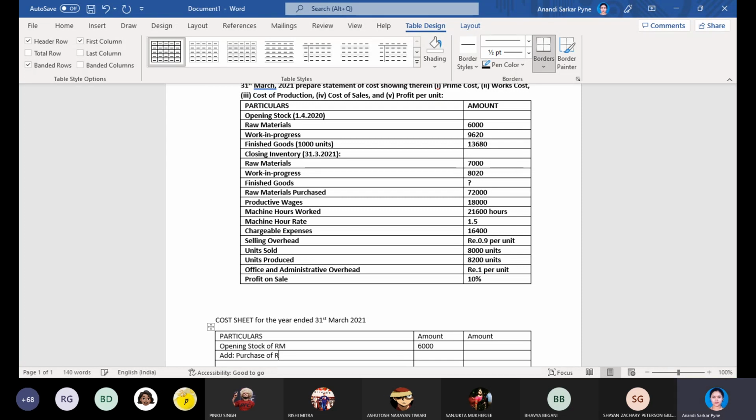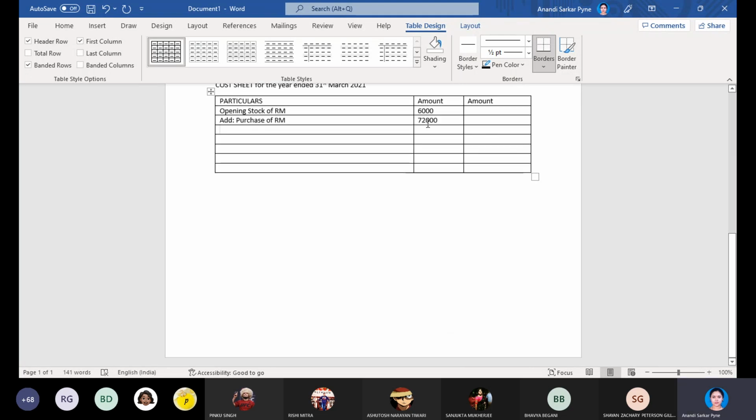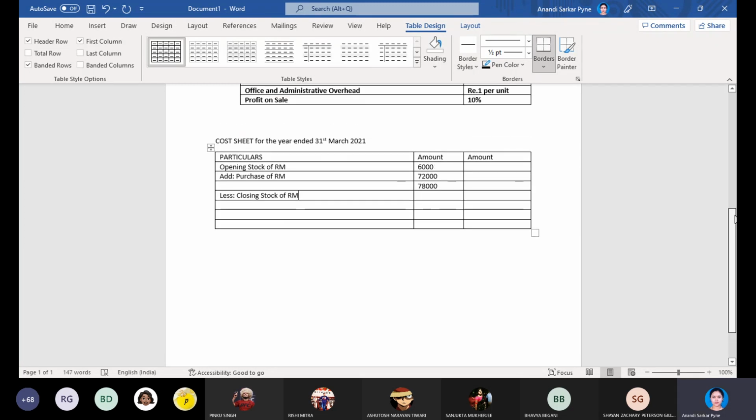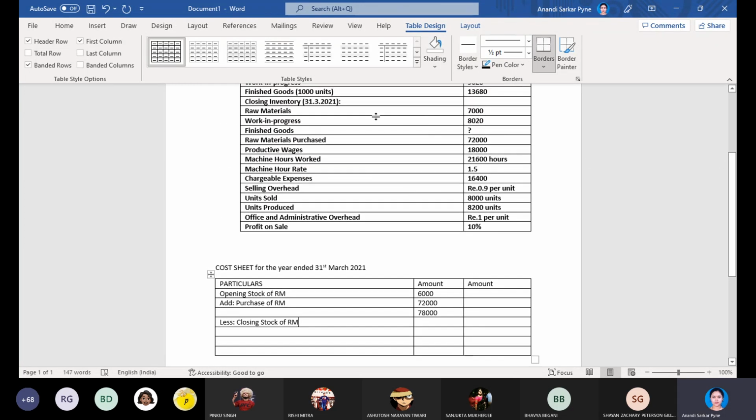How much are you getting? 78,000, less closing stock of raw material. Closing stock of raw material is how much? 7,000. So raw material consumed is 71,000.